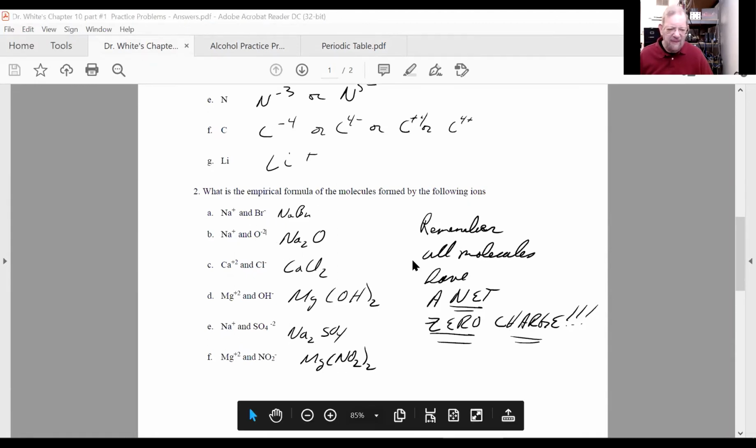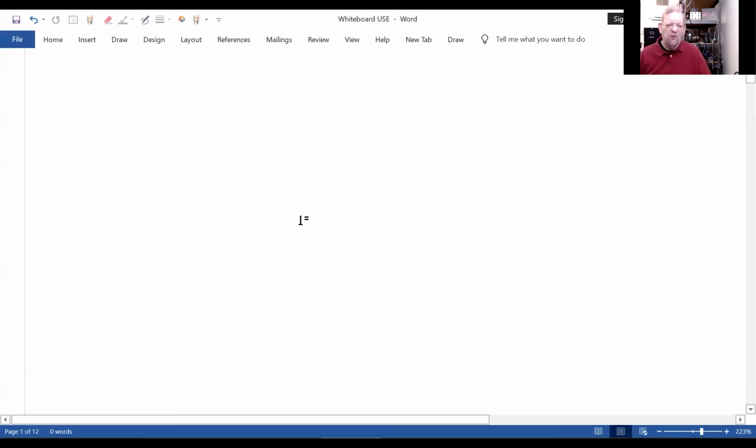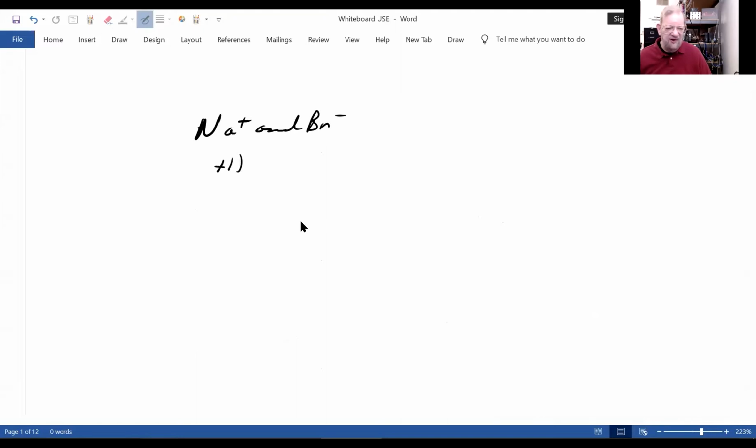What molecule is formed if you have Na plus and bromine minus? This is a +1 charge. This is a -1 charge. That's what this tells us. And it's always true this has to add up to 0. Well, it does. So how do you know what to write? That tells you in this molecule there's 1 sodium, 1 bromine, and we do this.